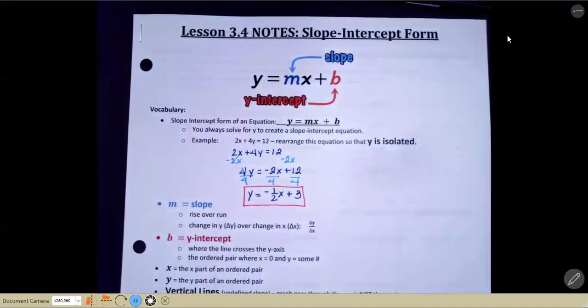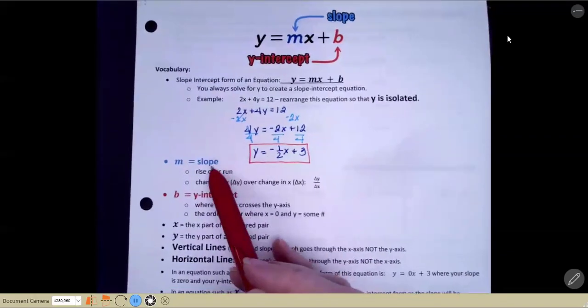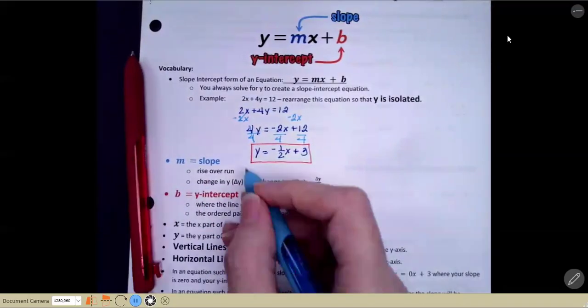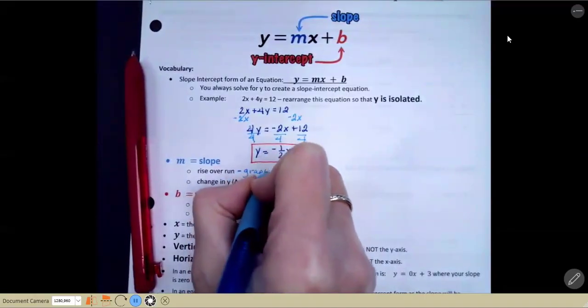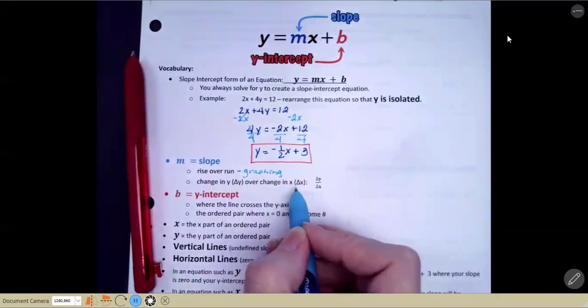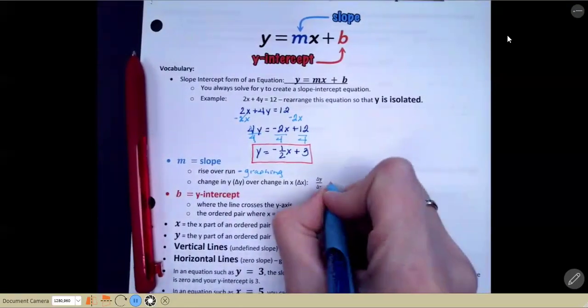Okay, so just to practice. Now, referring to slope when we're graphing is rise over run. Change in y over change in x is typically when we're dealing with a table.